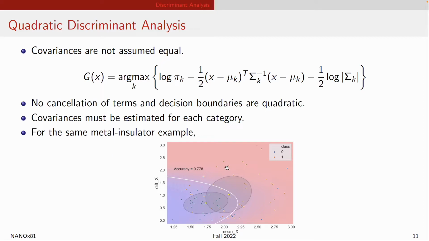now, of course, we can extend our linear discriminant analysis. We can do quadratic discriminant analysis. And in this case, your decision boundaries are no longer linear, but rather they are quadratic, right? Now, the main difference between quadratic and linear discriminant analysis is that you no longer assume that your covariance matrix is identical for all classes, okay?